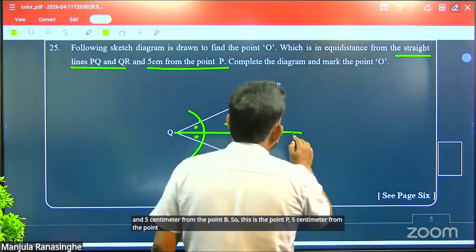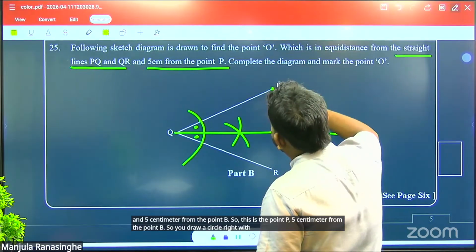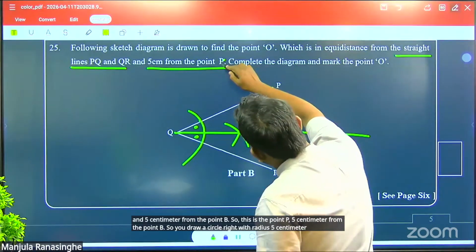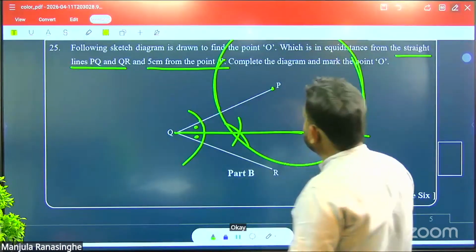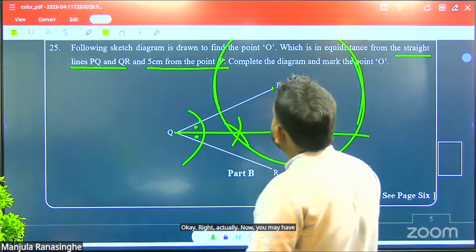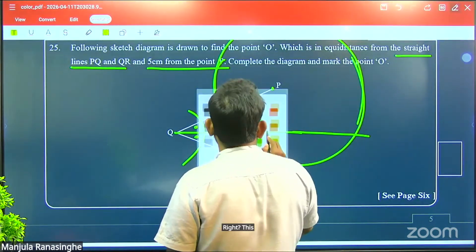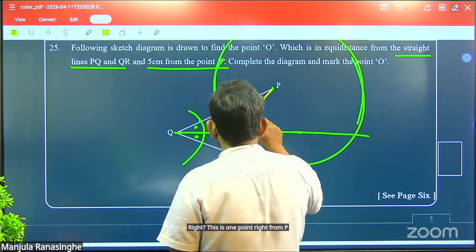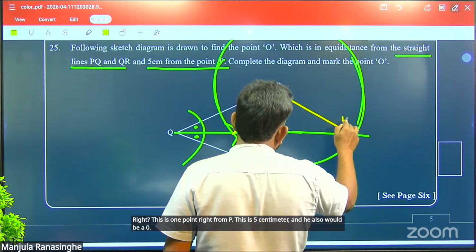So you draw a circle, right, with radius 5 centimeter and make the circle here. Okay, right, actually. Now you may have 2 points, right? This is 1 point. From P, this is 5 centimeter, and here also would be a point 5 centimeter.